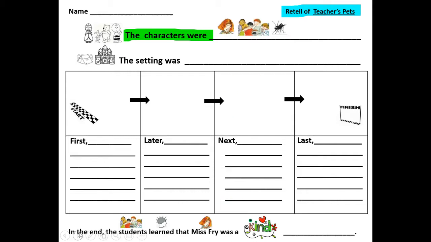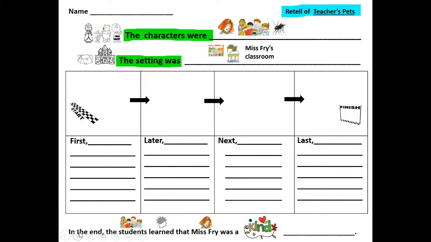The characters were Miss Fry, the students, and animals like Mo the cricket. The setting. Where does the story take place? You're going to say the setting was Miss Fry's classroom.